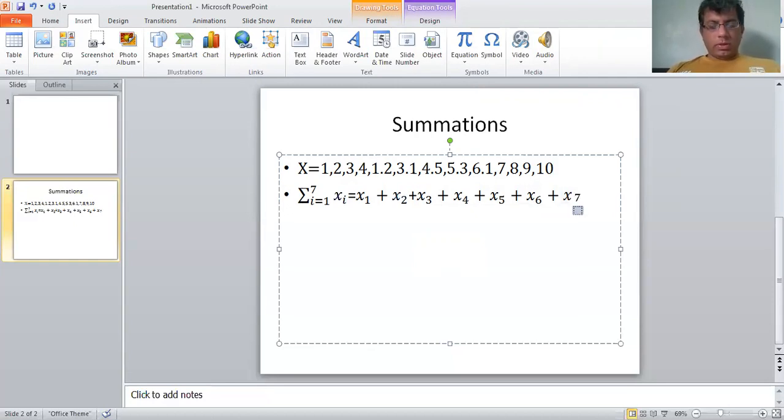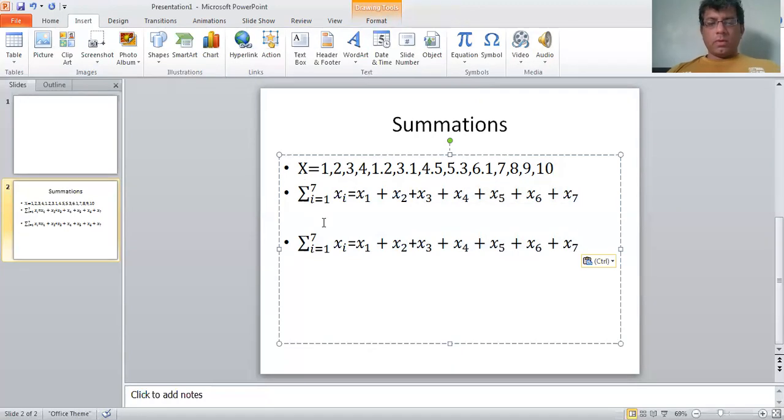If we further elaborate it, then this becomes equal to, what do we have?